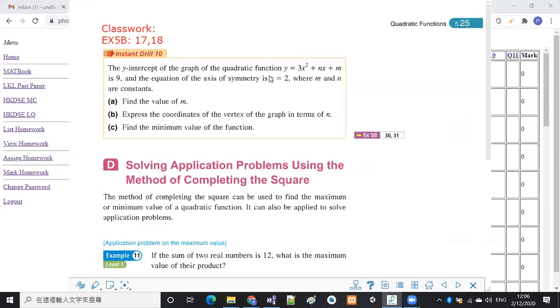Okay, and if we want to find something about the x-intercept, y-intercept, we use ABC format. But if we want to find something about the vertex, the maximum value, the minimum value, and the axis of symmetry, we need to use the method of completing square to change to the AHK format. Okay, and then when we have changed to AHK format, we can write down the corresponding values very easily.